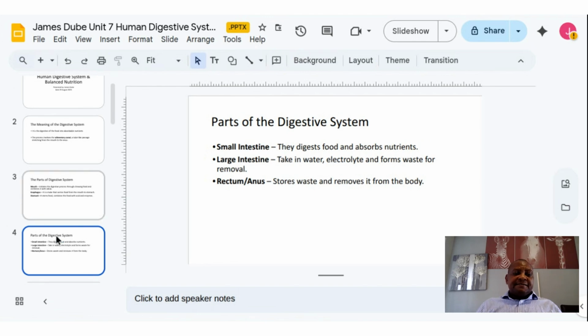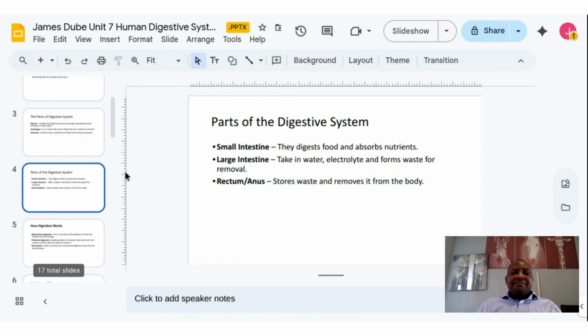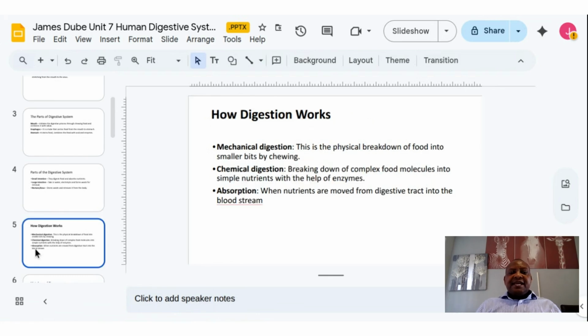My next slide is going to talk about how this digestion works. We have the first process, which I mentioned happens in the mouth, the mechanical digestion. This is the physical breakdown of the food into smaller bites which one can swallow.